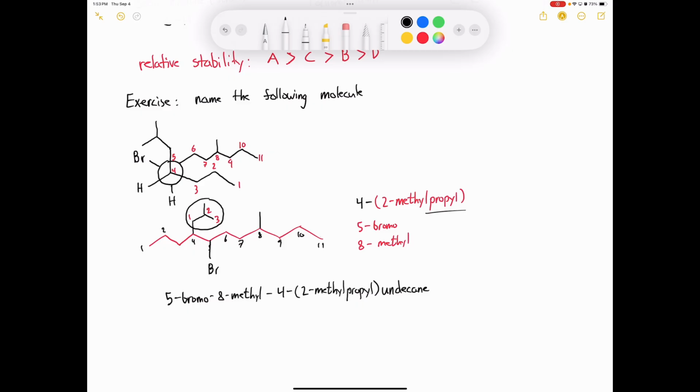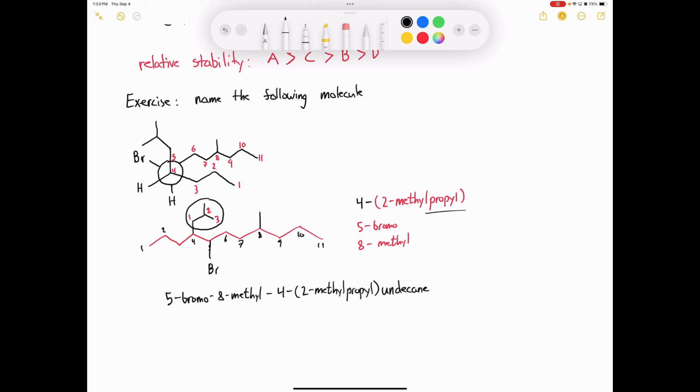Yes. Explain why the methyl propyl's on the 4th carbon, not on the 5th. Oh, yeah. Remember in this Newman projection here? 1, 2, 3. Can you see this dot? 4. The 4th is the front carbon. And then the circle there, that's the back carbon.